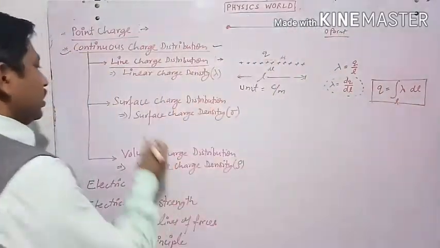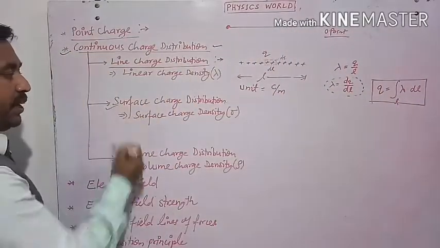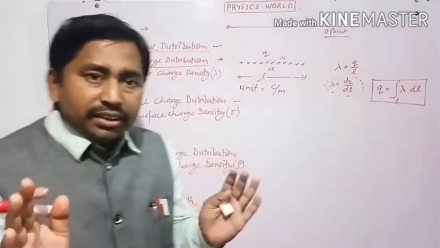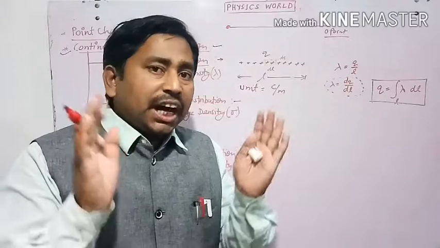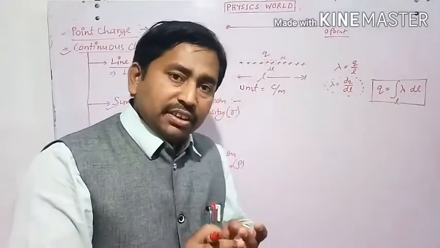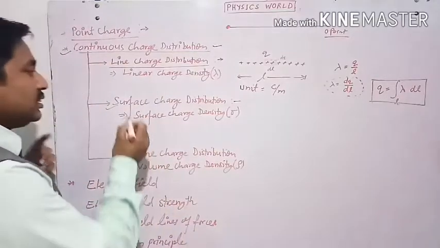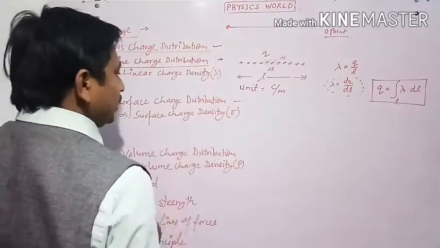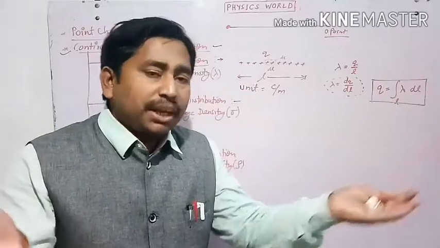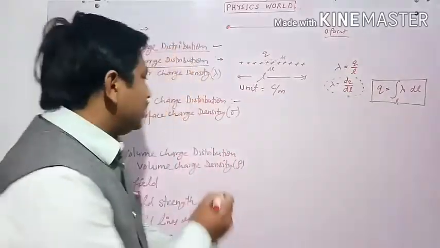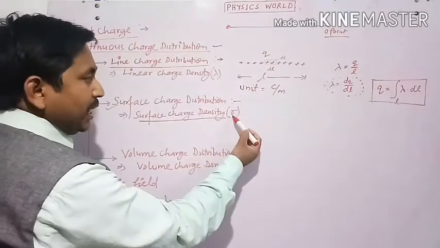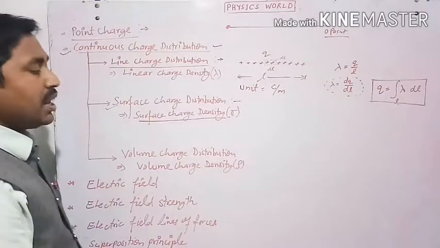Now come to the point, surface charge distribution. If closely spaced charges are distributed over a surface, then the distribution is known as surface charge distribution. And the total charge per unit surface area is known as surface charge density. It is represented by the letter sigma.